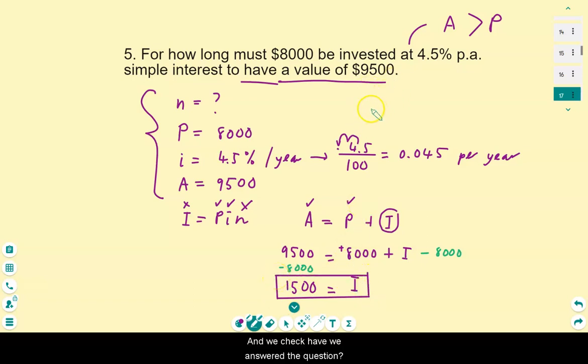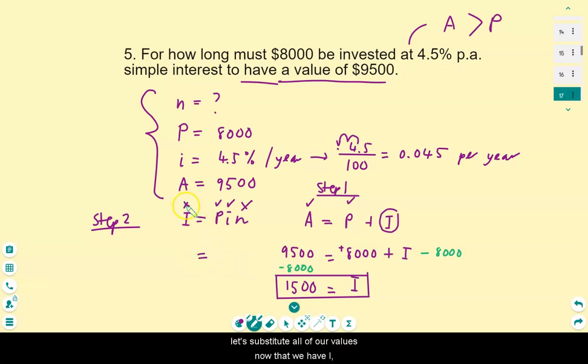Okay. And we check, have we answered the question? No, we haven't, because it's saying for how long. So we've got to find that little n. So let's say this was step 1 and this is step 2. So into here, let's substitute all of our values.